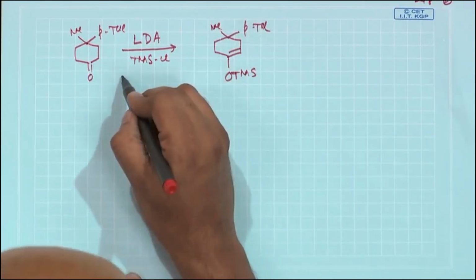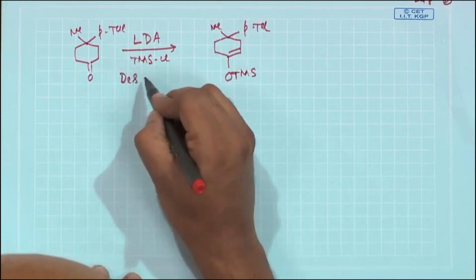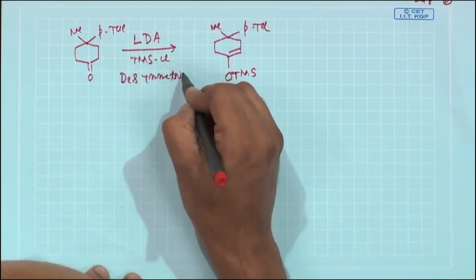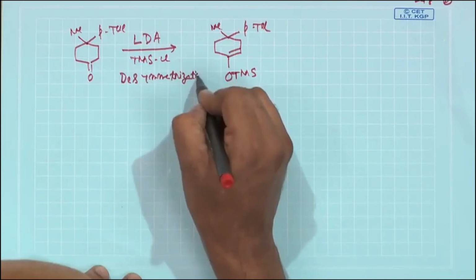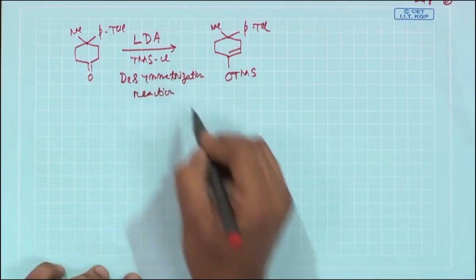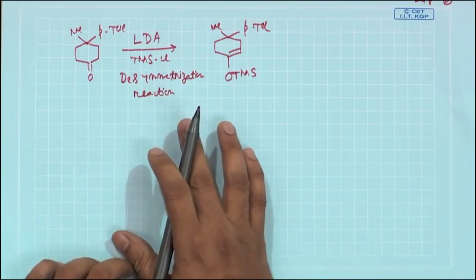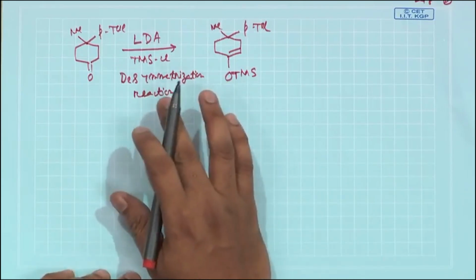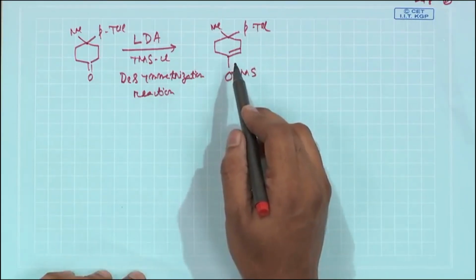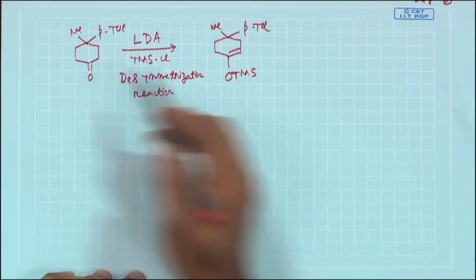This particular step is your key desymmetrization reaction. Single step desymmetrization is always preferred, and you have now accomplished this single step desymmetrization to create a dissymmetric enol ether from a starting symmetrical ketone.